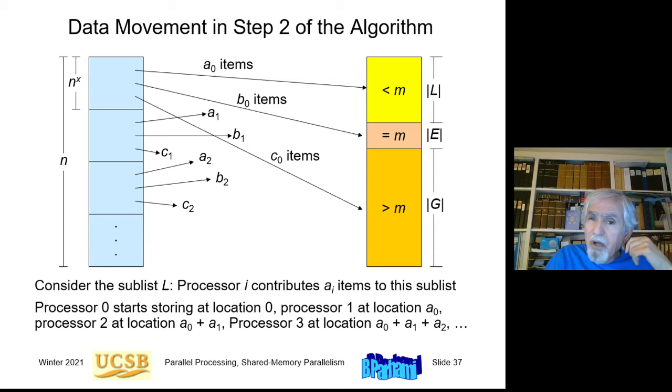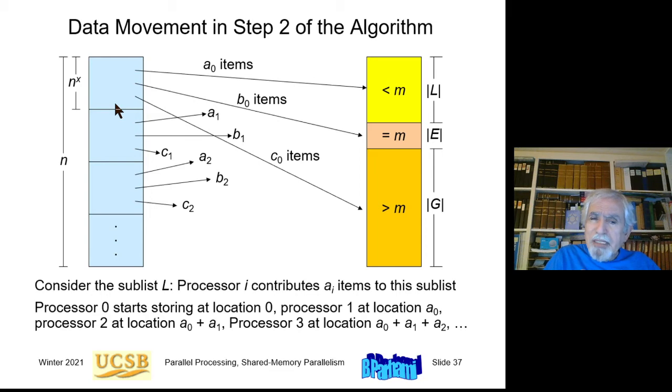Of course, they will never conflict with each other because they are storing in different parts of the shared memory. Processor 0 will store into the first A0 addresses. Processor 1 begins at address A0, and so on. Finding A0, B0, and so on takes n over n to the power x steps, and then storing these values also takes n to the x steps, because you store them one at a time.